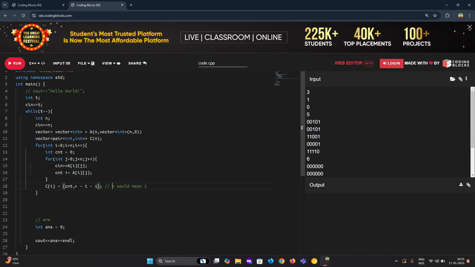So 0 to n minus 1, and then I would add n to it while displaying it, right? So I'm going to sort c dot, and then I'm going to display cfi dot second plus n.